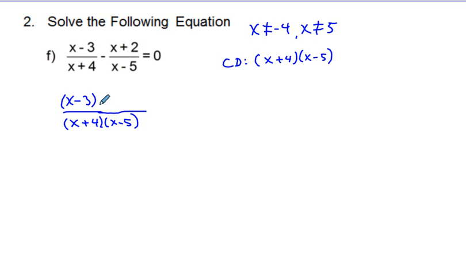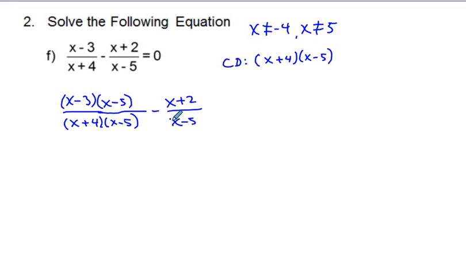We have to multiply our numerator also by quantity x minus 5. And we had to also wrap our values in parentheses. And then we take minus, we have x plus 2 over x minus 5.